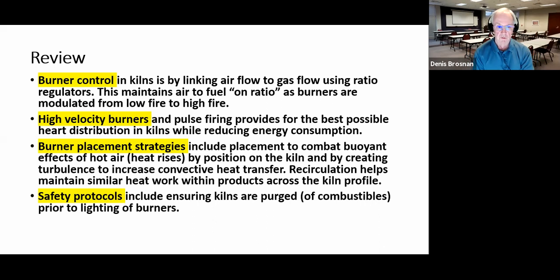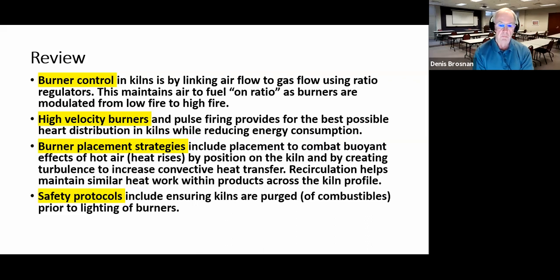These burners use pulse firing technology, or as it's called by North American in their trademark, step fire. So this has been a major advance in firing technology and conservation of fuels.